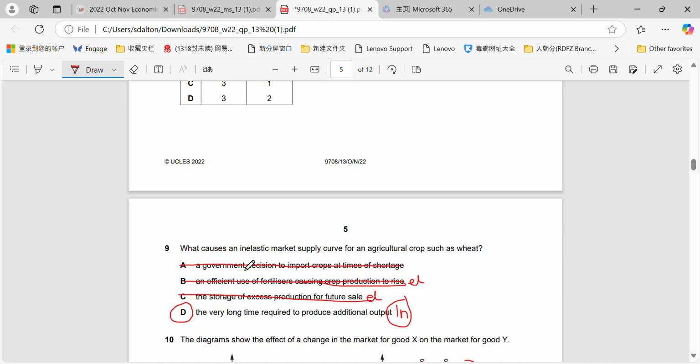Also, if you think about A as well, if they decide to import crops at a time of shortage, that would make the market supply curve relatively elastic as well, because they'd be importing it to be able to sell on the market for this country. So even during a shortage where our farmers cannot produce wheat, we'd still be able to import the wheat to be sold to the market. That would also be elastic.